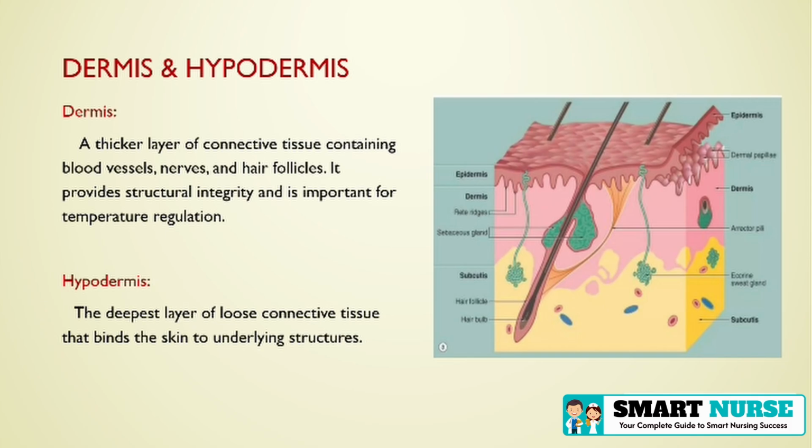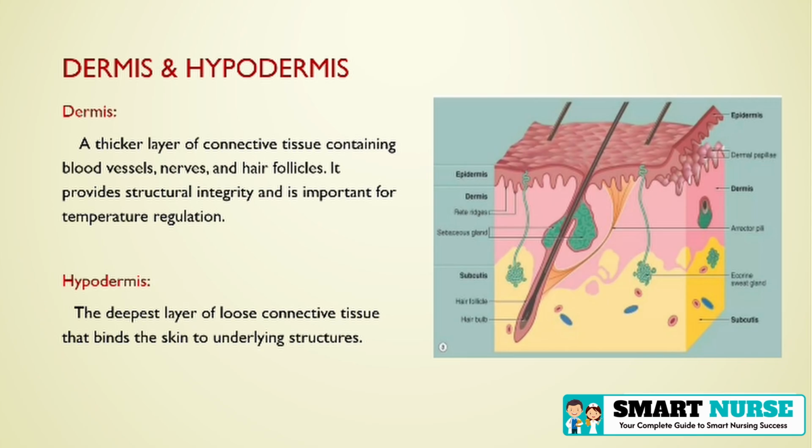It is also known as the papillary layer. Deep to this layer, we have connective tissue fibers forming an interlacing network, which is known as the reticular layer. It provides structural integrity and is important for temperature regulation. The next sublayer is the hypodermis.